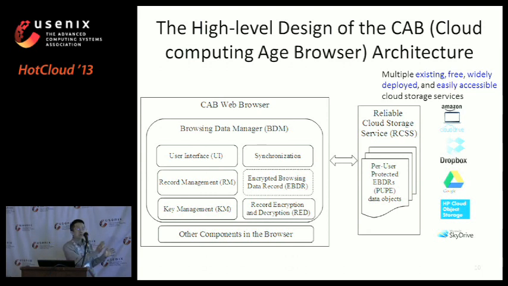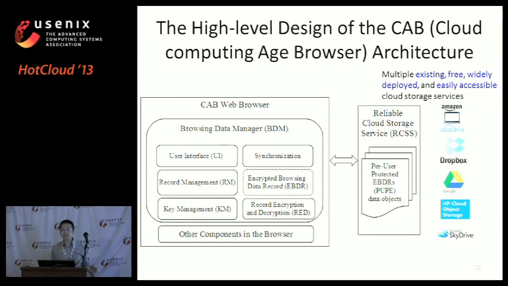Then all the users' browsing data records will be protected with authenticated encryption mechanisms, and the encrypted data will be split into multiple parts, and we will synchronize the data to multiple cloud storage service providers. Quite often, the size of the browsing data for each user is not that large. At least in my case, it is less than 1 gigabyte.